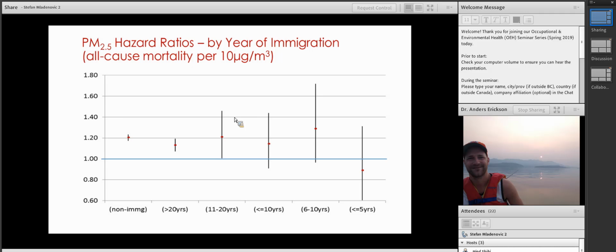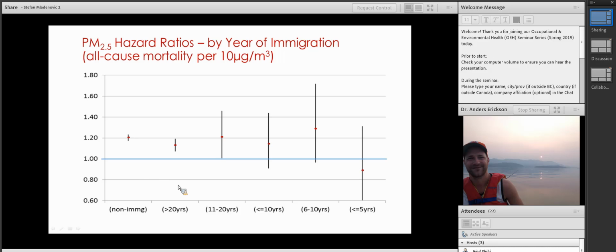And this is also a stratified analysis, so it's kind of hard to look at all at once. Again, this is non-immigrants, the hazard ratio of just non-immigrants, so not including immigrants, of what the hazard ratio for PM 2.5 might look like.